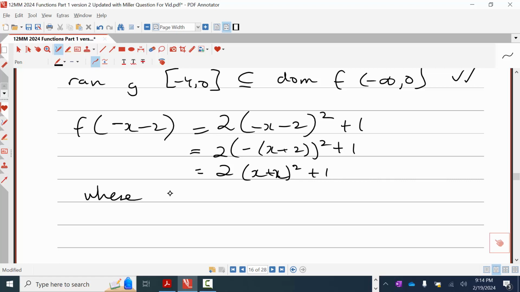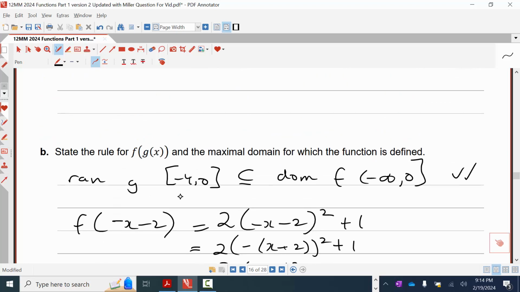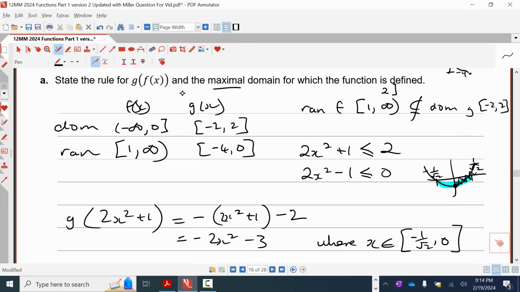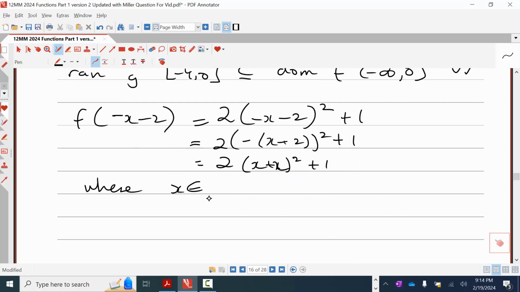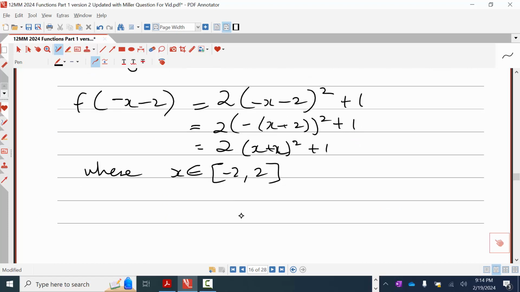And again the domain, because we didn't have to make any modifications, the domain of the composite function is going to be simply the domain of g of x. So the domain of g of x is negative 2 to 2. All right, so there it is.